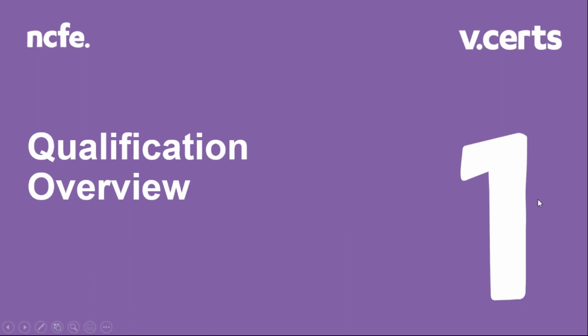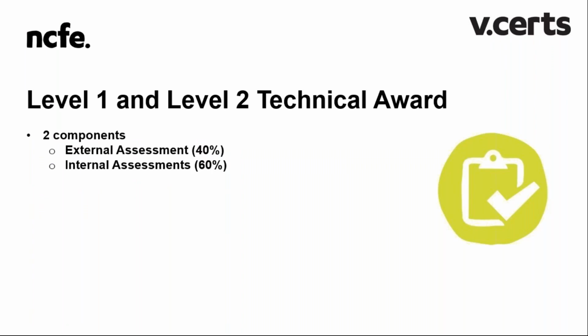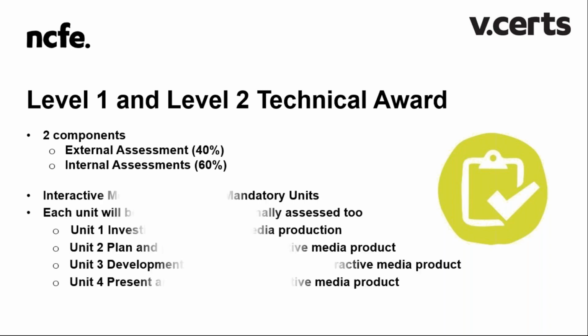Right, so a brief overview, as I was saying. The Level 1 and Level 2 technical awards in interactive media consist of 2 key components: an external assessment, an invigilated exam, which is worth 40% of the final grade, and the internally assessed coursework. Unit 1 is what we're going to be focusing on today, and overall the coursework is worth 60% of the final grade.